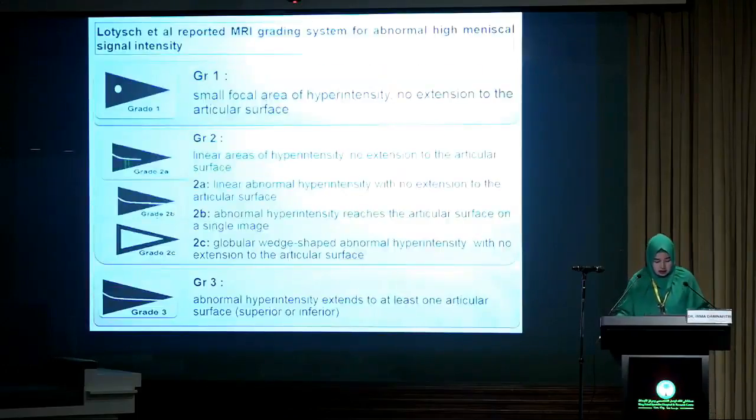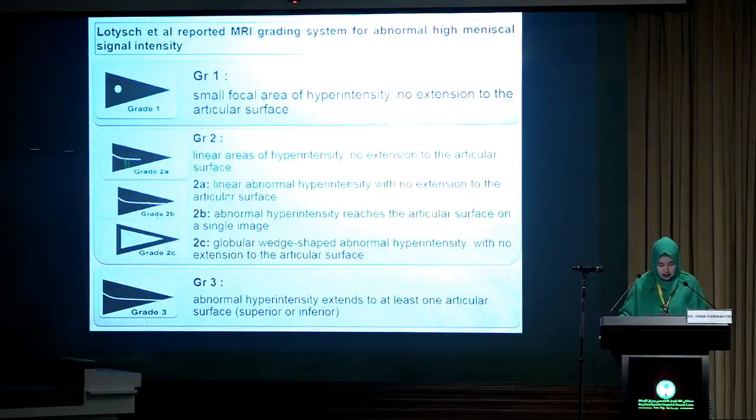Maybe all of us already know about this classification, but Lotysch et al. report an MR imaging grading system for abnormal high meniscal signal intensity. Grade 1, we look for a small focal area of hyperintensity, with no extension to the articular surface. Grade 2, we divide into grade 2A, 2B, and 2C.